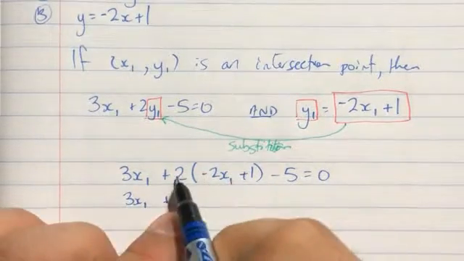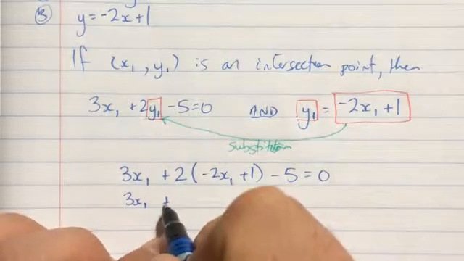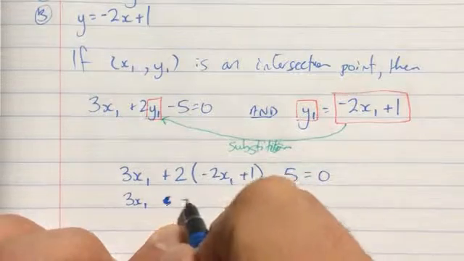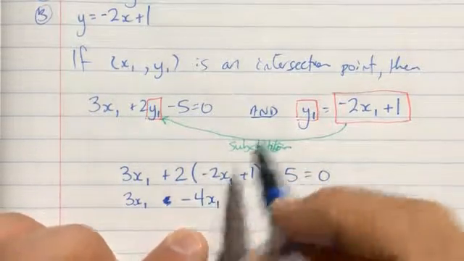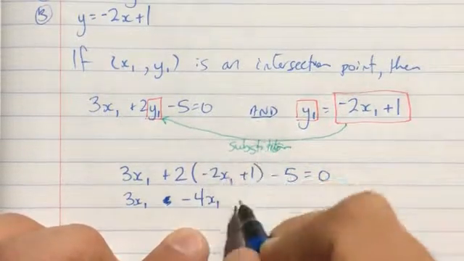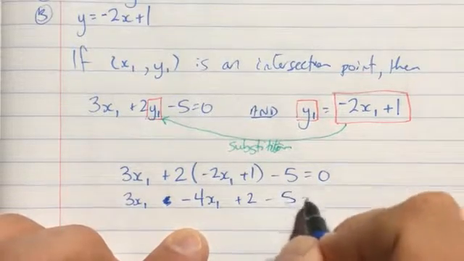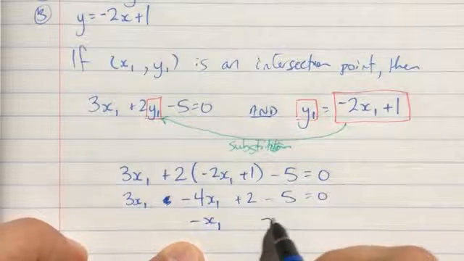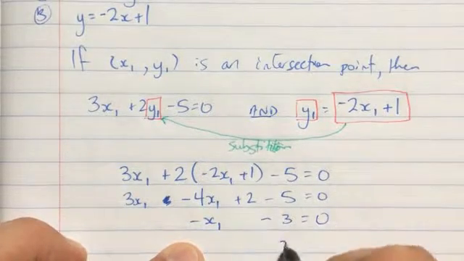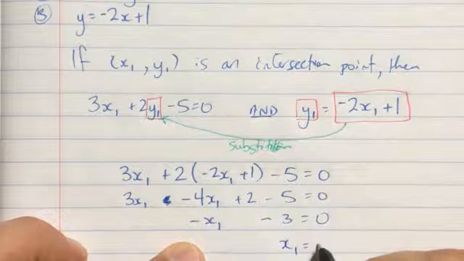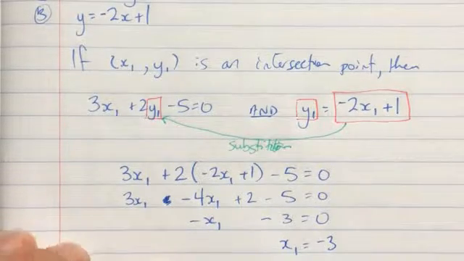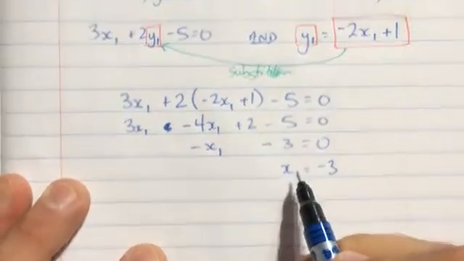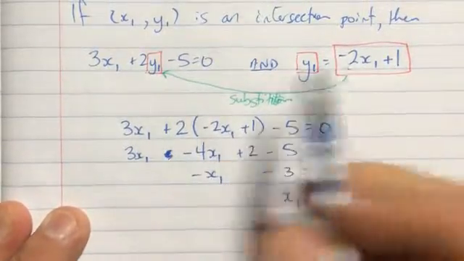3x1 plus, distributive property, 2 times, oops, I should have not used a plus sign there. 2 times negative 2x1 is negative 4x1, so subtracting 4x1, plus 2 minus 5 equals 0. Over here that's negative x1 minus 3 equals 0, or that's the same as x1 equals negative 3. Okay, so I've found the x1 value that is the only one that will satisfy both equations.